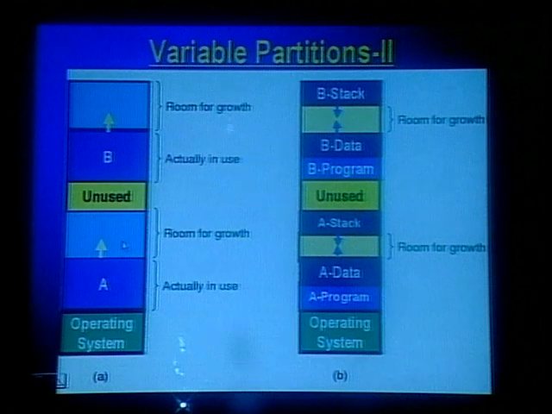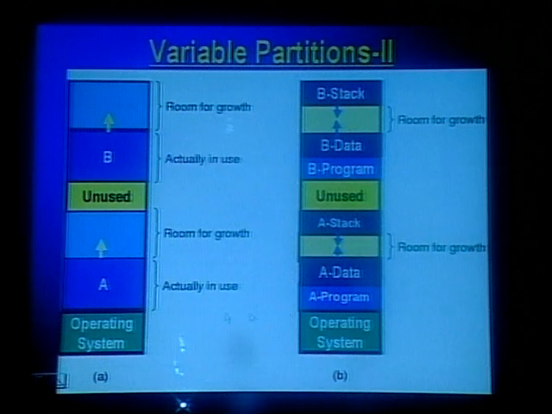If process A wants to expand, then memory is already available. Similarly, we have process B. This portion of the memory is in use, and we have some room for growth.